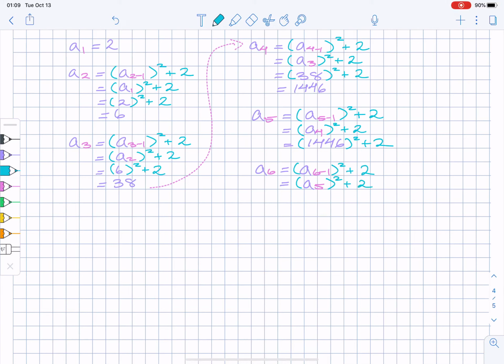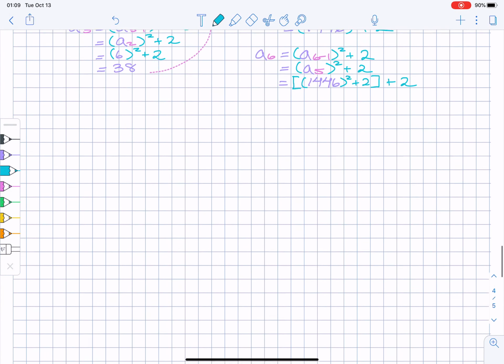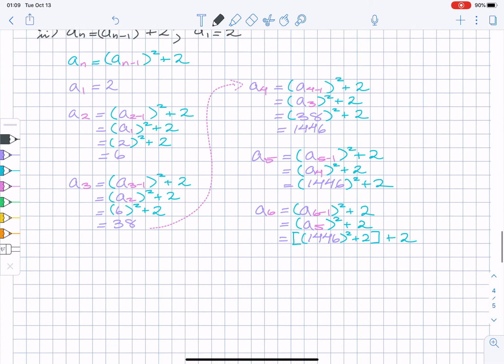So now here comes the interesting part. What I'm going to need to do is put brackets, and then a sub 5 was 1446 quantity squared plus 2, and brackets, to which I'm adding 2. So there we are. I could technically get rid of the brackets and add 4, but you get the idea. Hopefully.